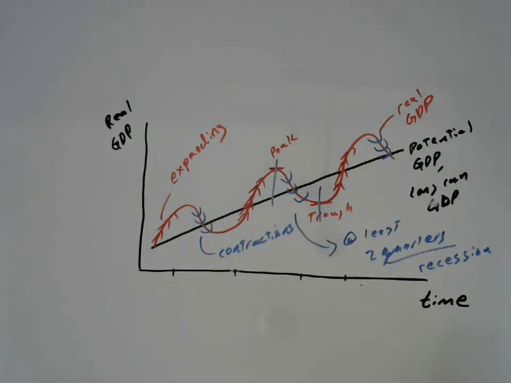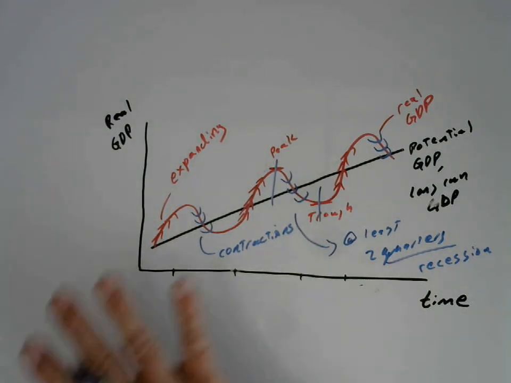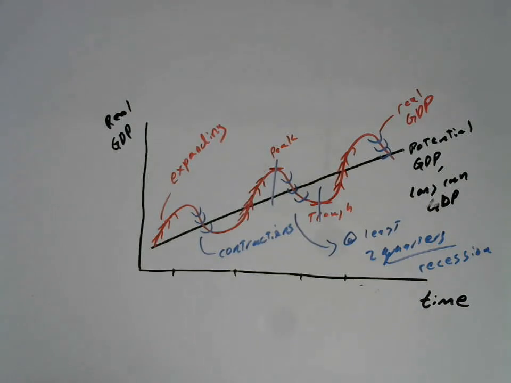Okay, so again, if the economy contracts for at least 2 quarters, we call that a recession. Okay, and this is the business cycle in a nutshell.